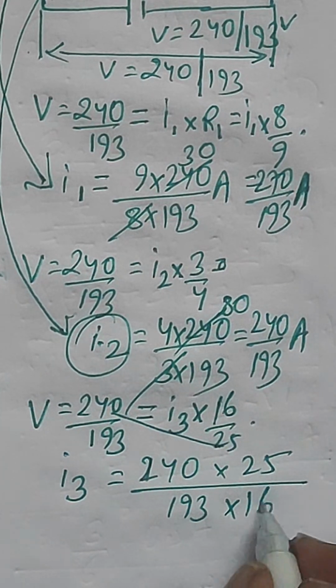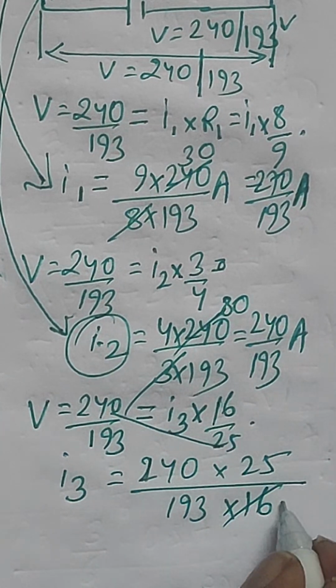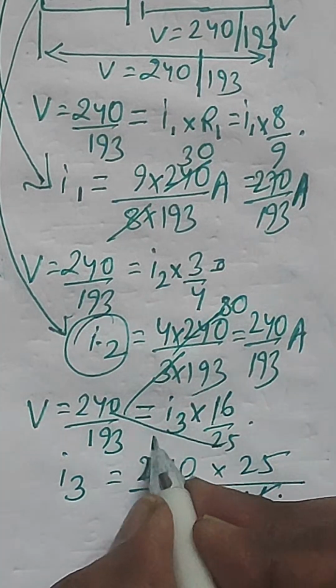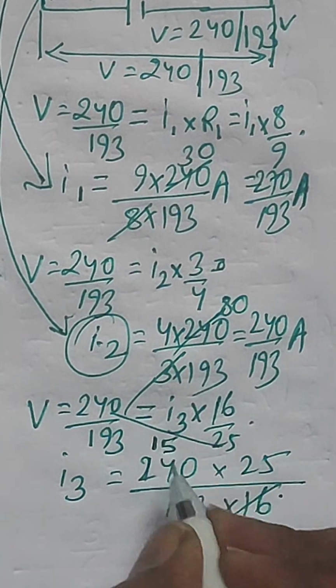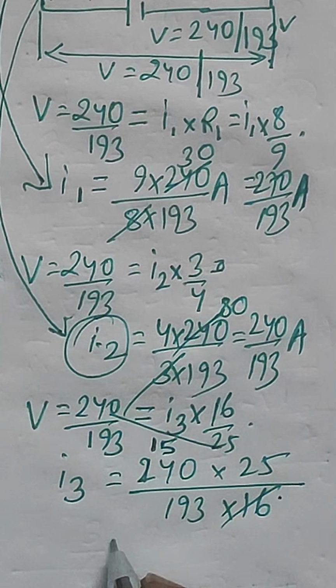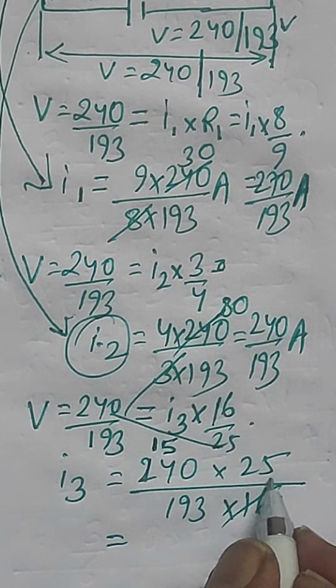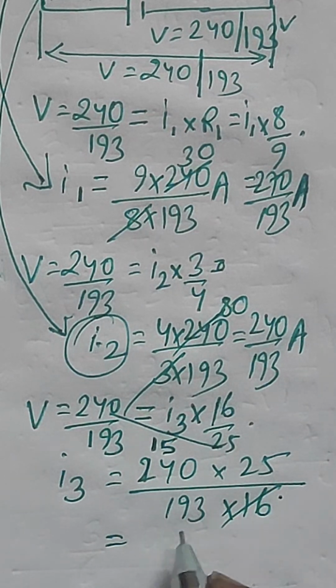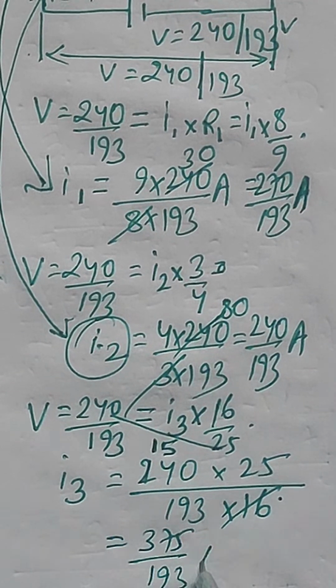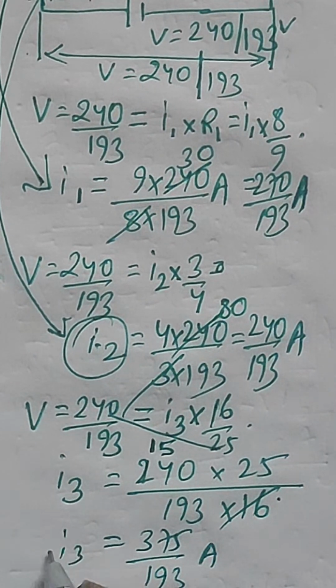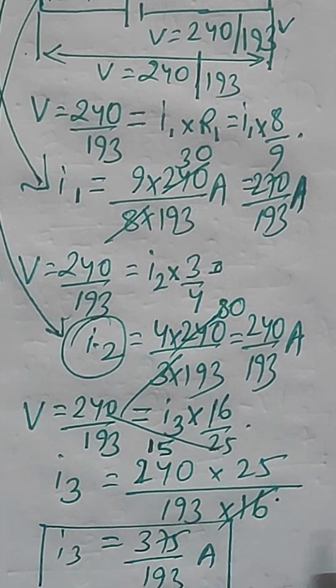So this will give you 16 16 80 16 5. 15 into 25 by 193. 15 into 20, 25 into 15. So that is 375 by 193 ampere will be the current of I3, that is into the third branch.